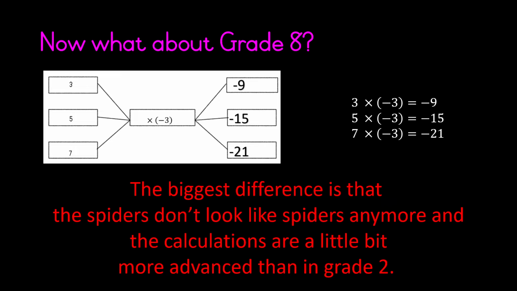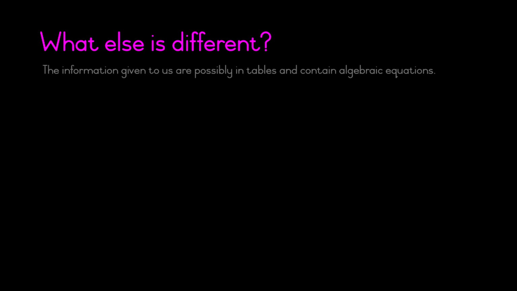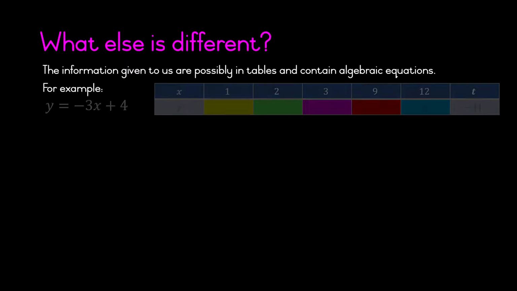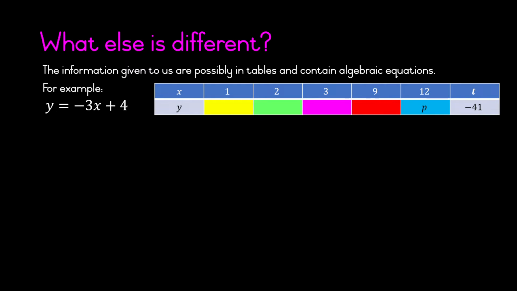However, since we are all grown up now, we can also start placing our spider diagram values into tables. The other part of this is that with a table comes an algebraic equation. So for example, we can be given these. On the left you can see we've got y is equal to negative 3x plus 4.